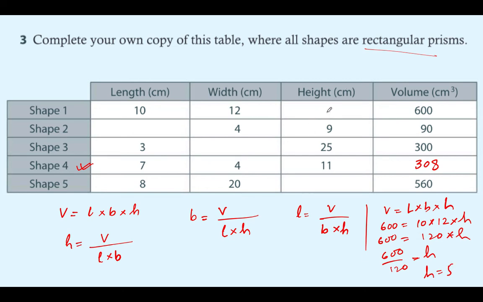So this method is also fine and this will also work, but these formulas you can derive yourself to save your time. So you need to find length. To find the length, you just need to divide the volume by the product of breadth and height.